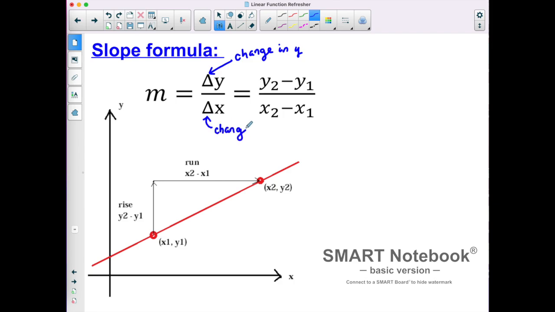We are looking at how much do the y values change versus the x values. So you often have seen this formula broken down into y2 minus y1 over x2 minus x1. That is still finding the rise over the run. So we pick a point and label it x1, y1, and pick another point and label it x2, y2, and then we calculate the slope between them.